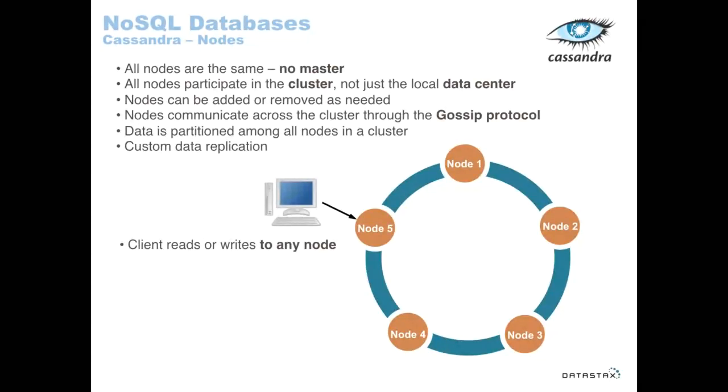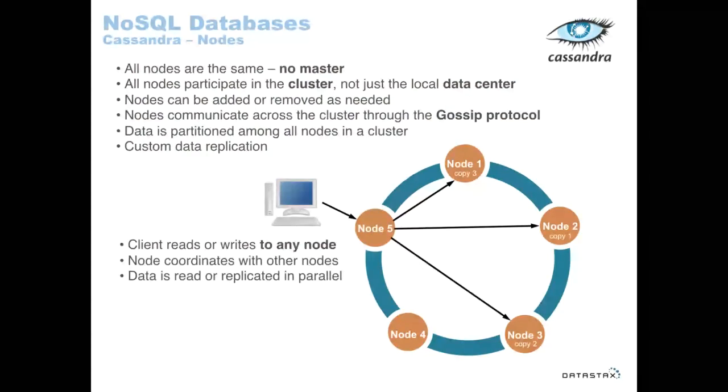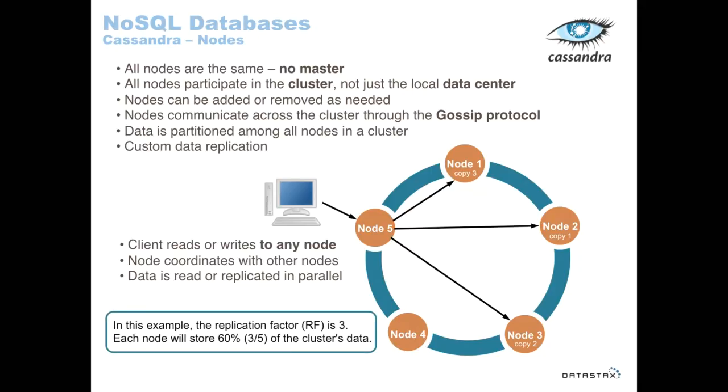So the client reads or writes to any node, and then the node that it writes to coordinates with other nodes. Data is read or replicated in parallel. In this case, we have a replication factor, abbreviated RF, of 3.